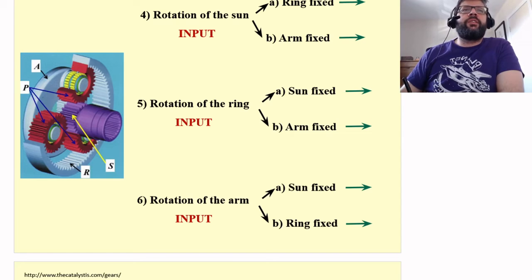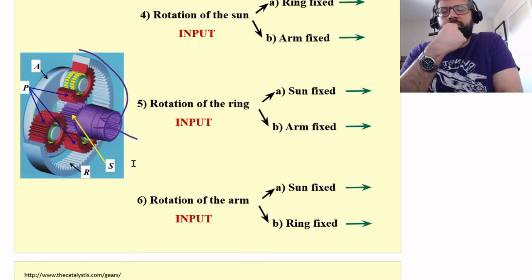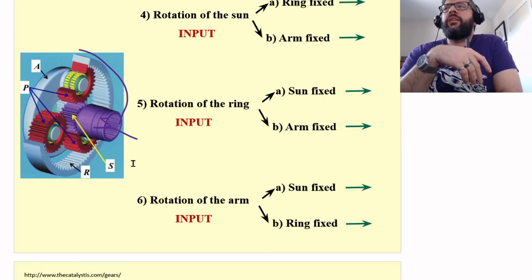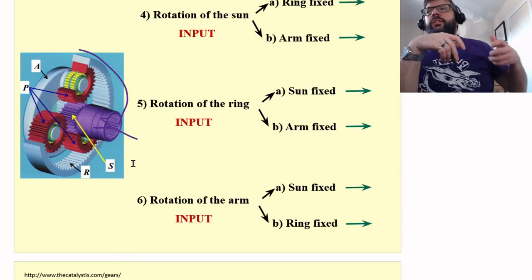Because basically, if we just apply an input to the sun or the ring or the arm, and we don't constrain at least one other input, then all it does is spin.